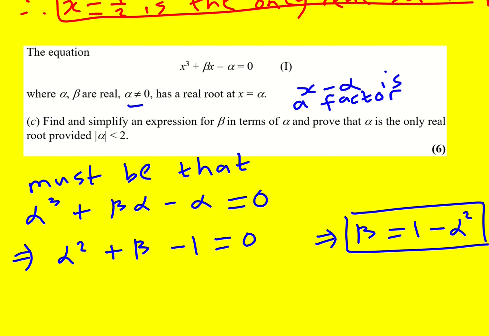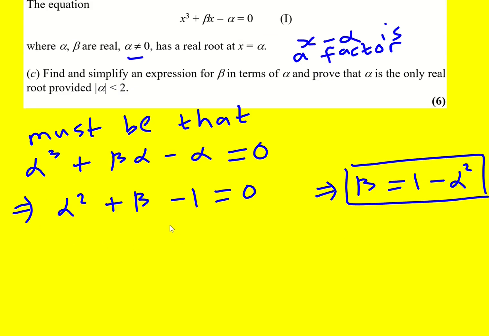Now prove that alpha is the only real root, provided that this is true. Well, I'm going to go along a similar path now. Although first things first, I'm going to change it.